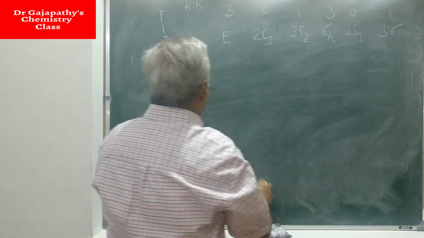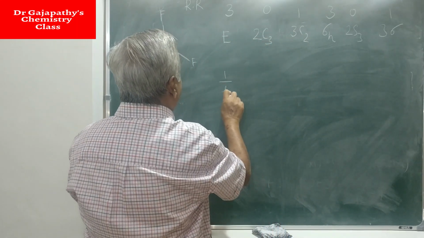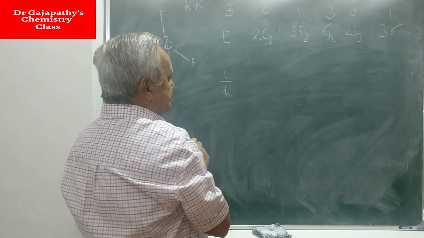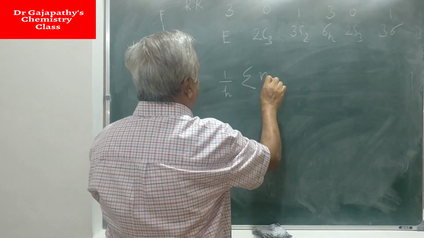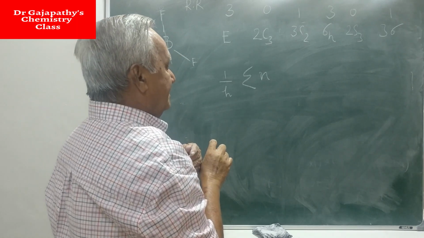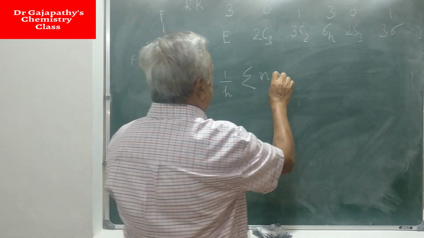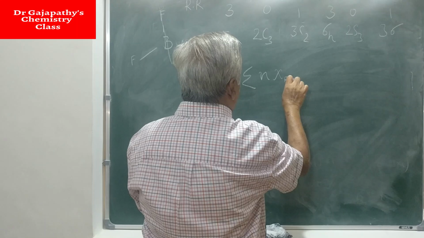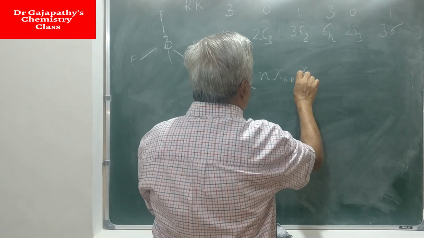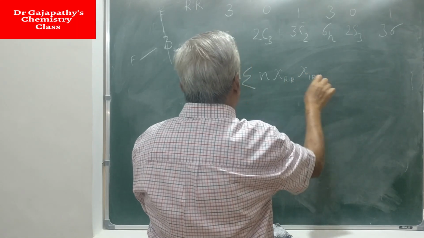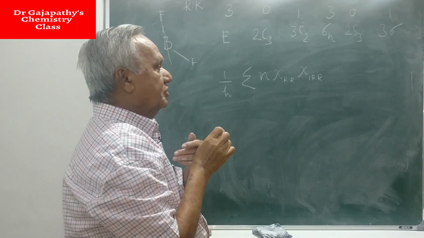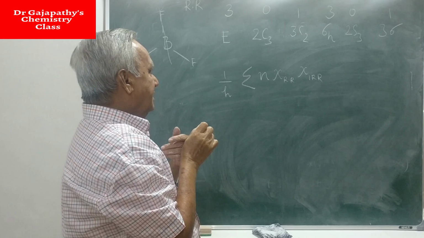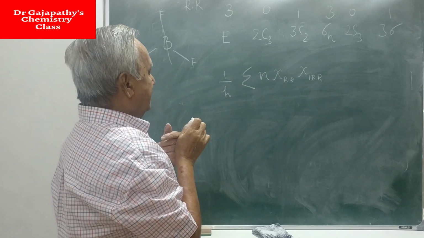The reduction formula is 1 by h, sigma n, number of times that particular operation occurs, character in the reducible representation into character in the irreducible representation. This is the reduction formula to reduce a reducible representation into irreducible representations.